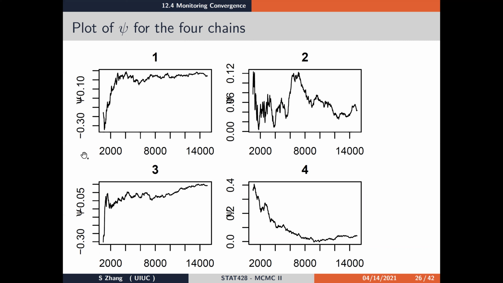However, it appears that at the end, when we get close to iteration, say 14,000 or 15,000, each of them has stabilized, and the stabilized value is somewhere around 0. And recall that 0 is the mean of the target distribution. The target distribution is normal 0, 1.